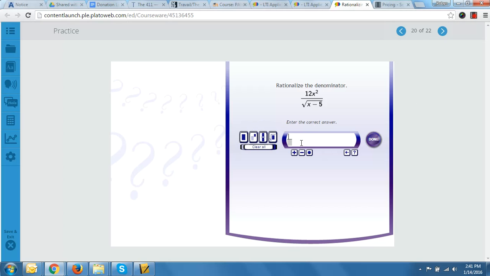So what that's going to look like is 12x squared, radical x minus 5, and that's going to be over x minus 5. Whoops, make sure I have those in the right spots there.